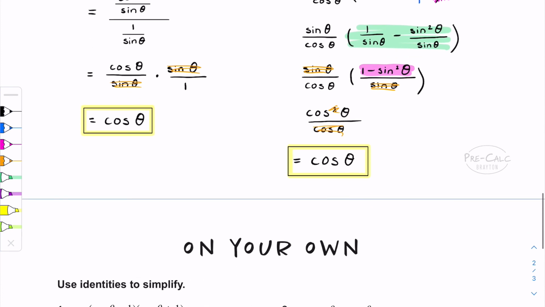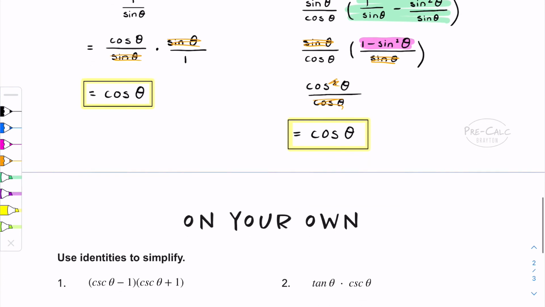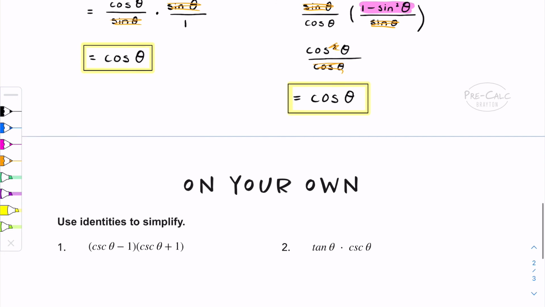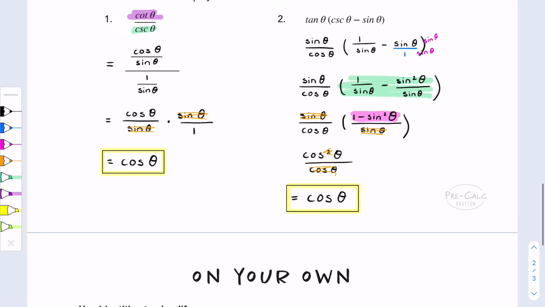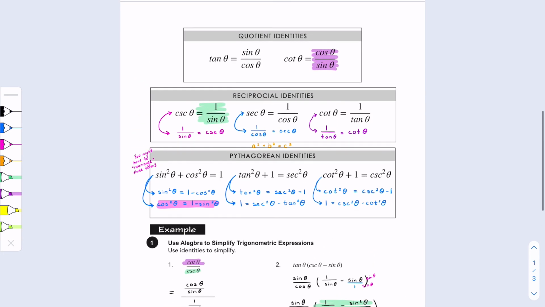Okay, so I'm going to work on the on your own section. If you want to follow along as I go through it, feel free. If you want to get started on your practice, you can. Please let me know if you have any questions about the identities. It's definitely helpful when you're working through these. Again, we're just doing basic ones today, but it's helpful to have these charts in front of you so that you know everything you can replace your original expression with.